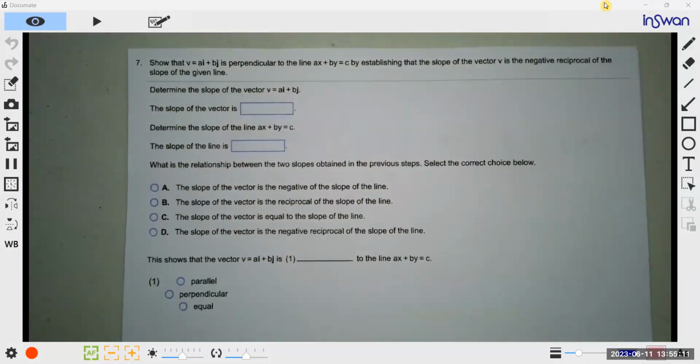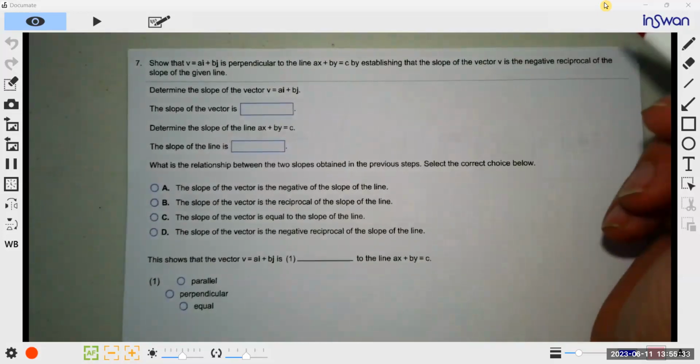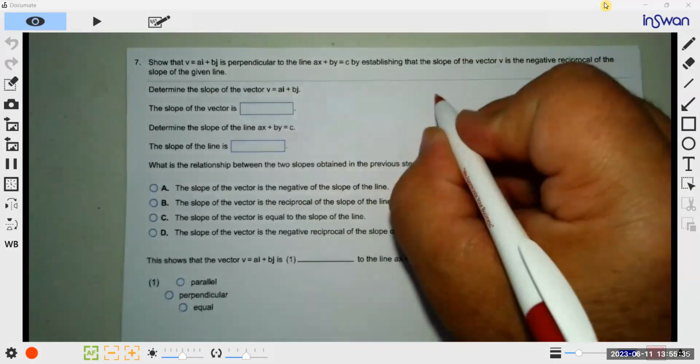And the last one here. Show that the vector ai plus bj is perpendicular to the line ax plus by equals c by establishing that the slope of the vector v is the negative reciprocal of the slope of the given line. Well, first let's look at the equation.